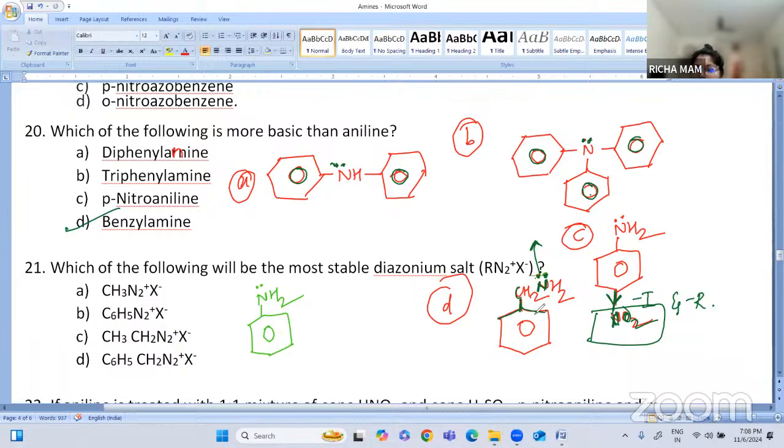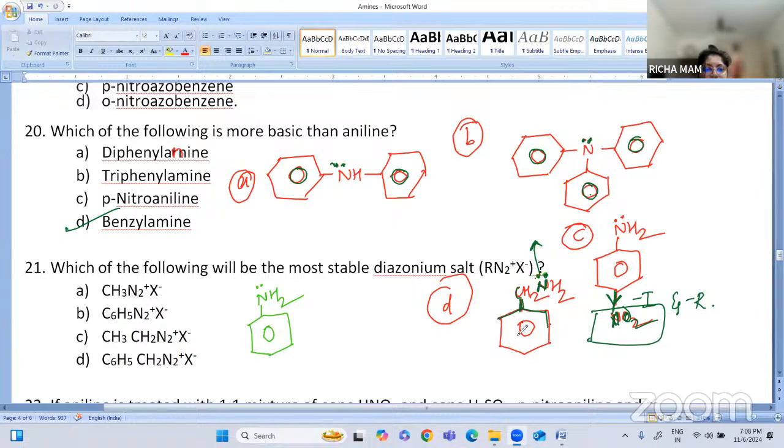It will not undergo conjugation. Electron delocalization does not take place. So these electrons are freely available for donating. This is the reason why; Sri Varuni has answered it very well. Electrons are easily available. Very good.